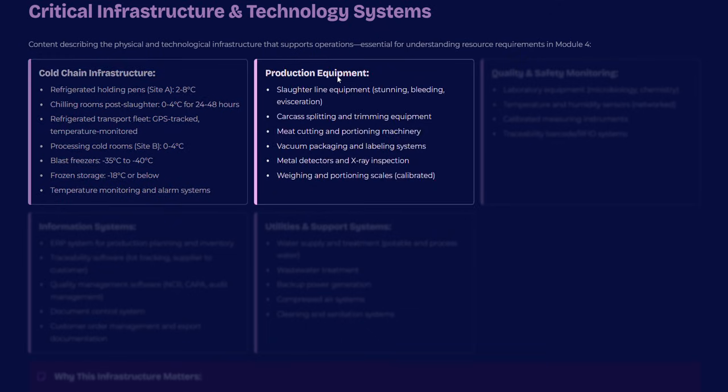Then if we look at production equipment that has to be maintained and available, we have slaughter line equipment that will include stunning, bleeding, and evisceration. Then we have carcass splitting and trimming equipment, meat cutting and portioning machinery, vacuum packing and labeling systems, and then metal detectors and X-ray inspection, and weighing and portioning scales, which have to be calibrated.